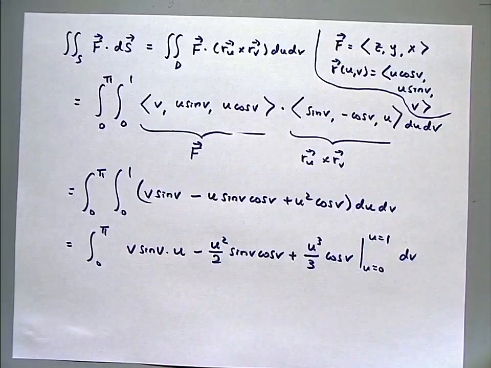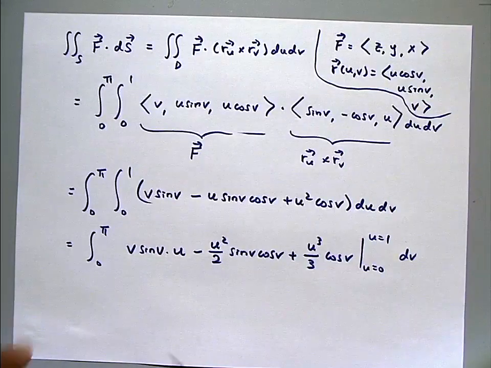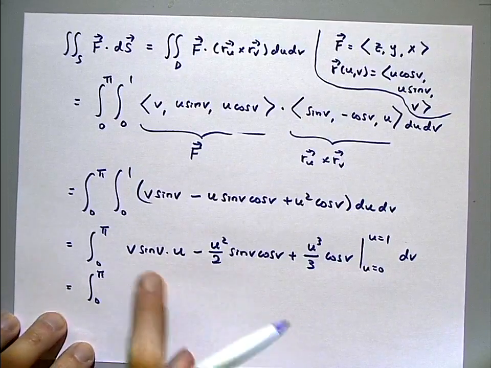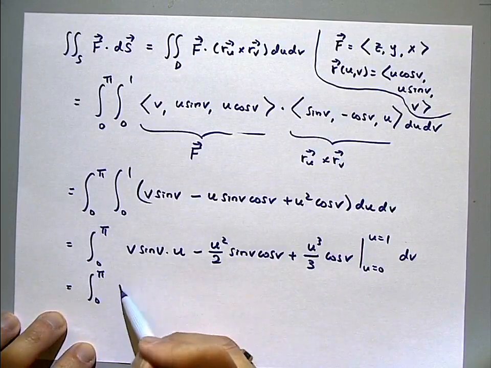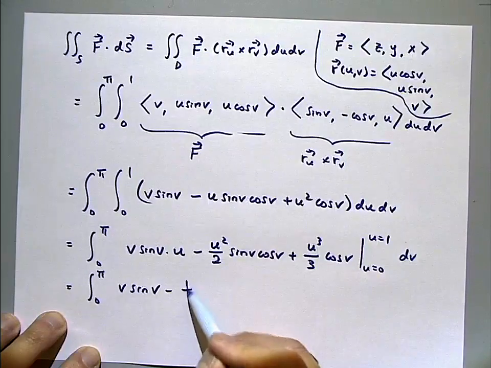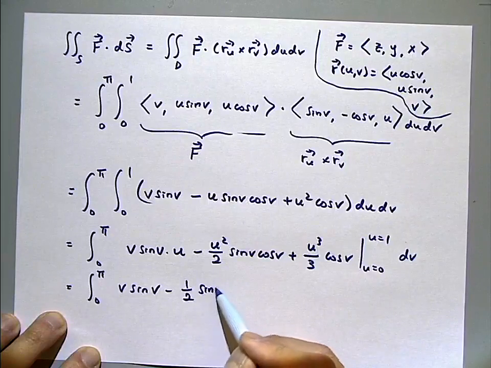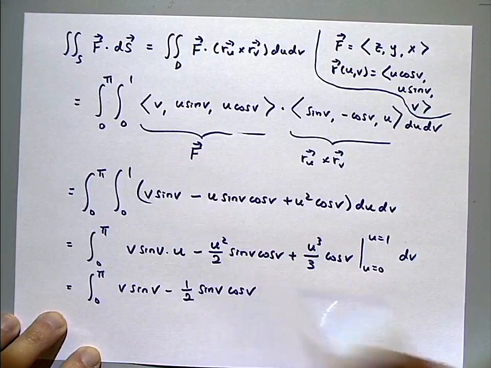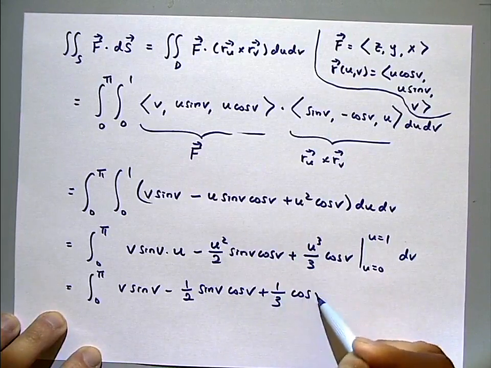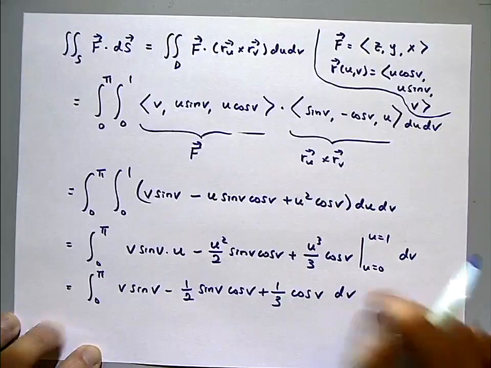And then you evaluate from 0 to 1 for u. All right, so you can see the first round of integration is very, very easy. It's the next round that's a little bit annoying. So this is simply v sine v minus 1/2 sine v cosine v plus 1/3 cosine v dv.